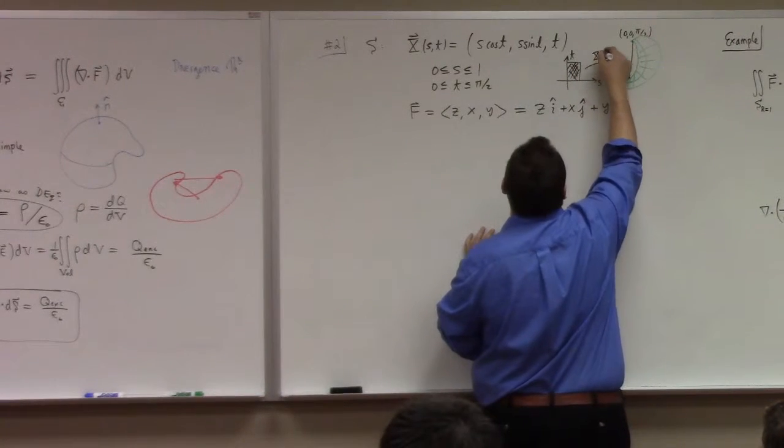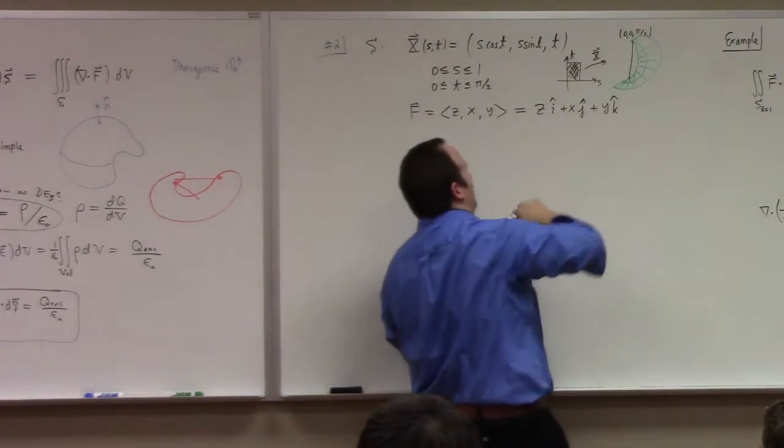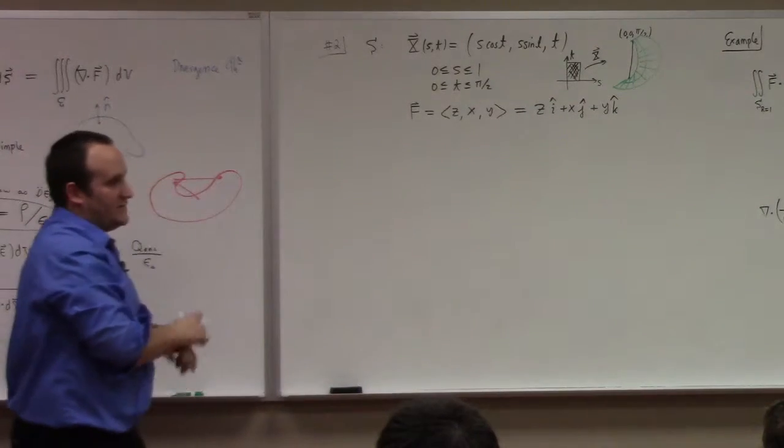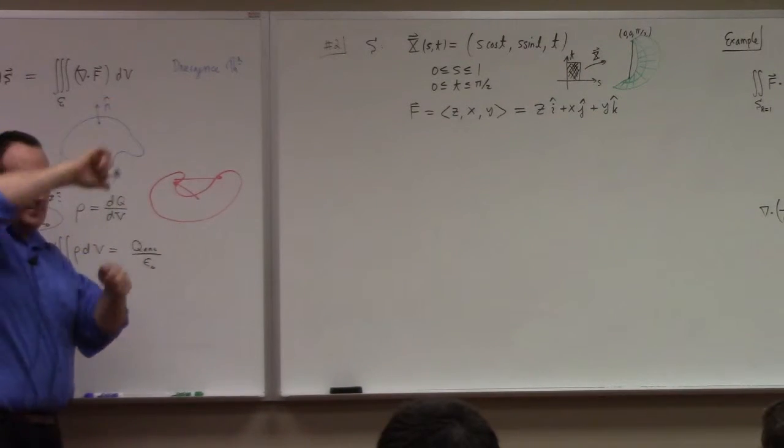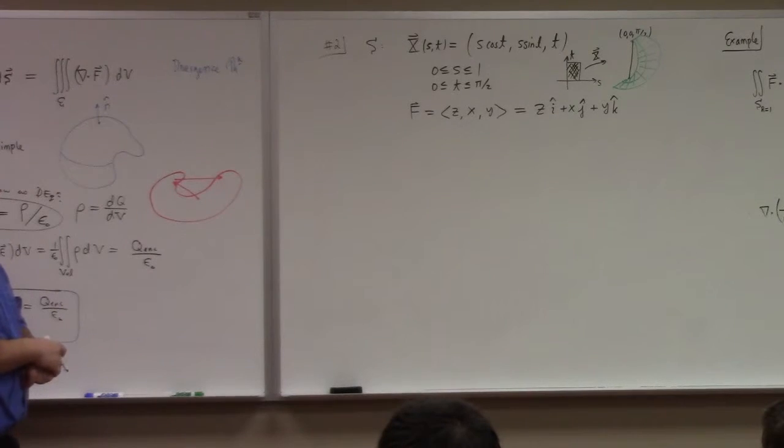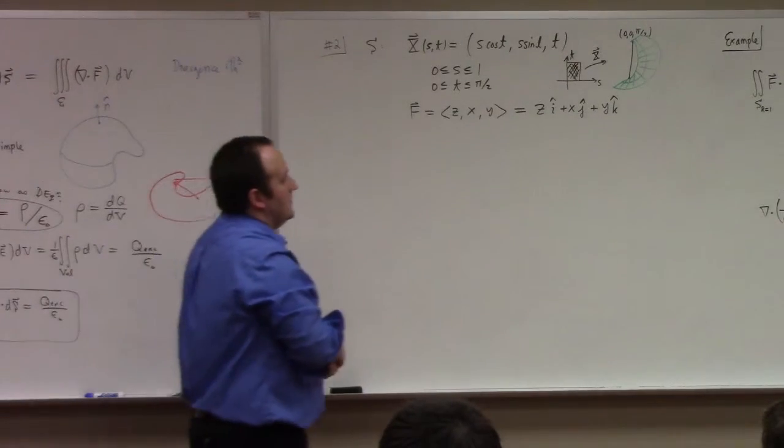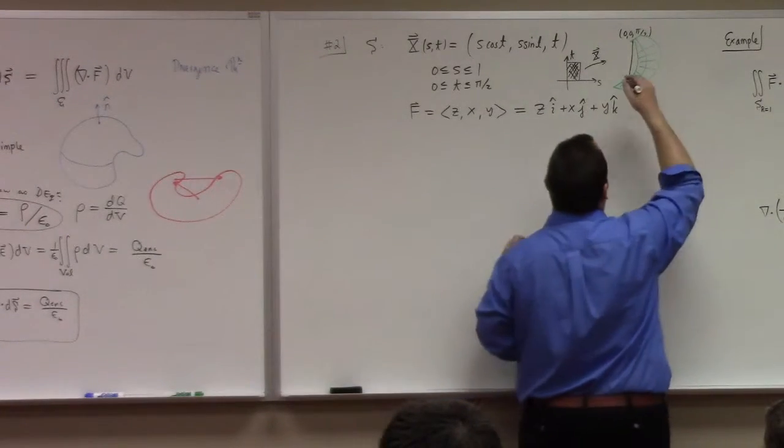This is what X does: it takes this flat rectangle in the TS plane and maps it to this helicoid thing. Now I think we can understand each one of these edges.